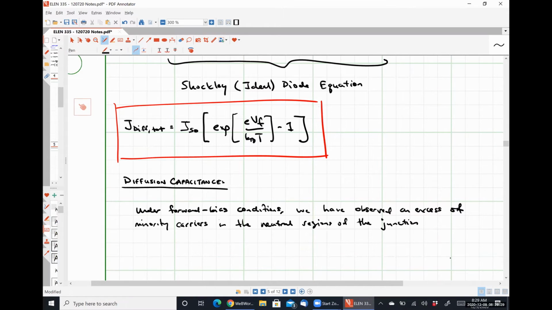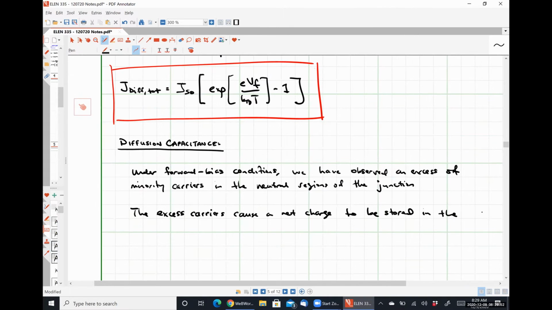The excess carriers cause a net charge to be stored in the neutral regions, which depends on the applied voltage.